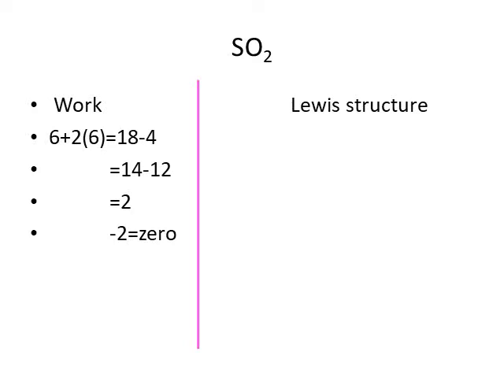So, the remainder becomes 14 electrons. Then, I distribute them, giving each oxygen atom its own 6 electrons. So, there will be 2 excess electrons remaining on the sulfur atom, as it is the central atom, in the form of a lone pair. Can you draw the Lewis dot structure for this molecule?